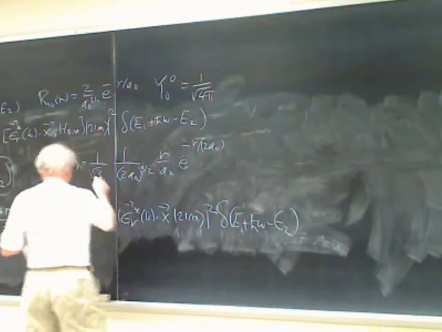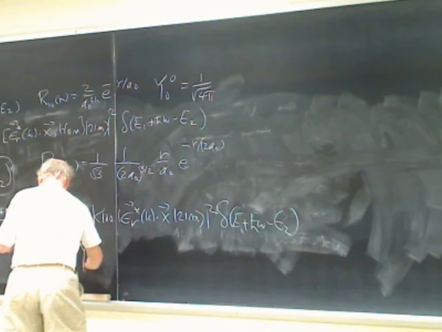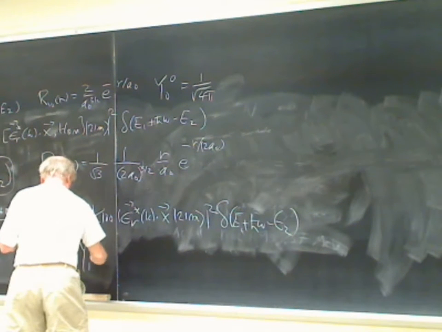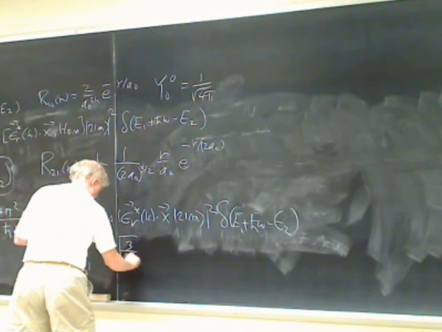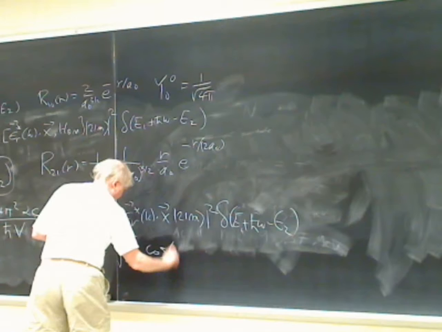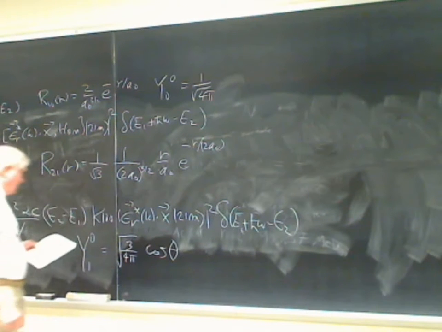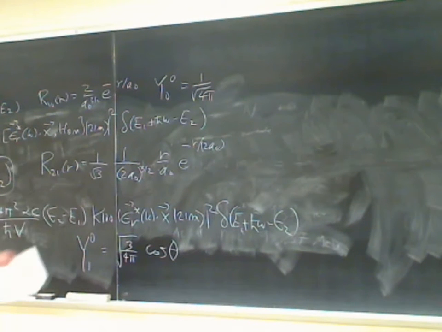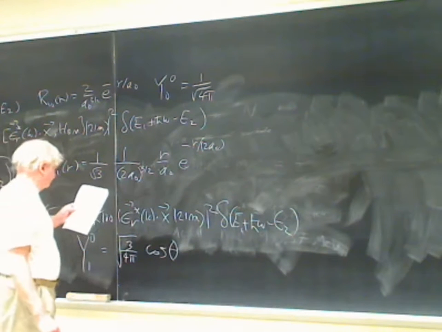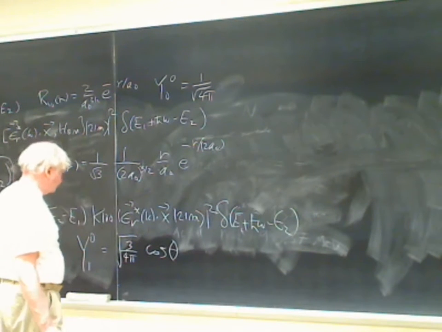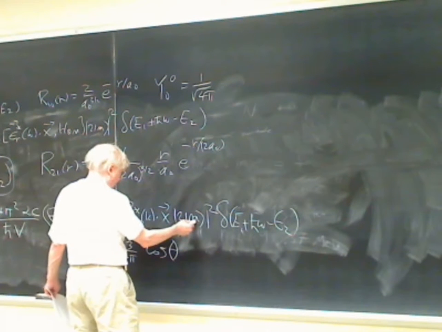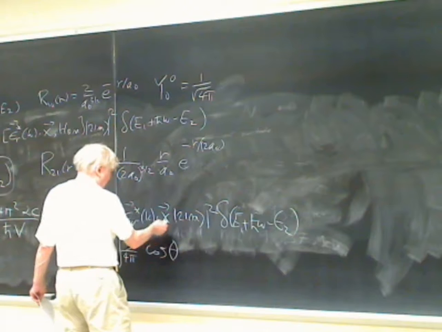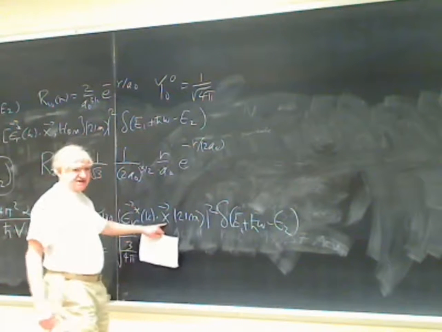And the angular part here, we'll write it down here, Y10, is square root of 3 over 4 pi cosine theta. So, to find this matrix element, then, if this thing is a 0, then the only part that survives here is the z component.